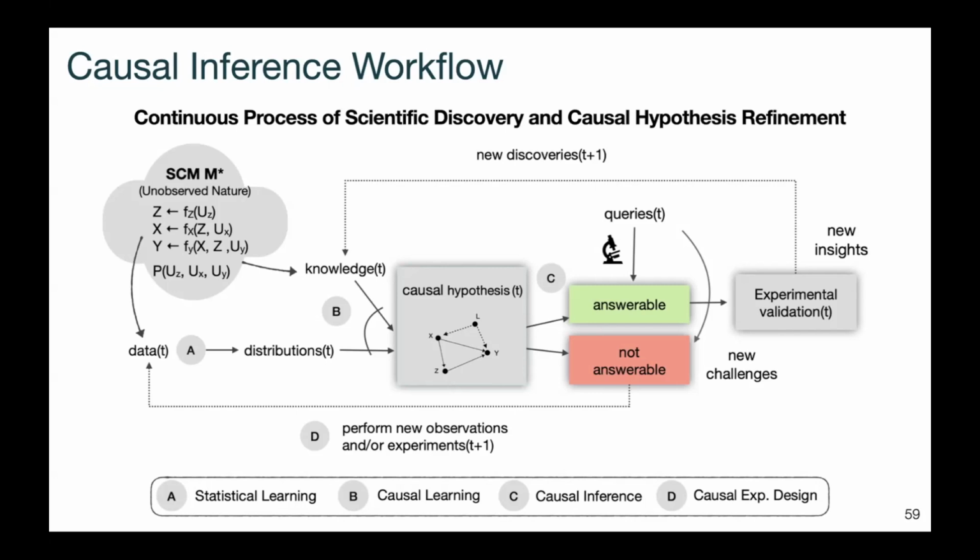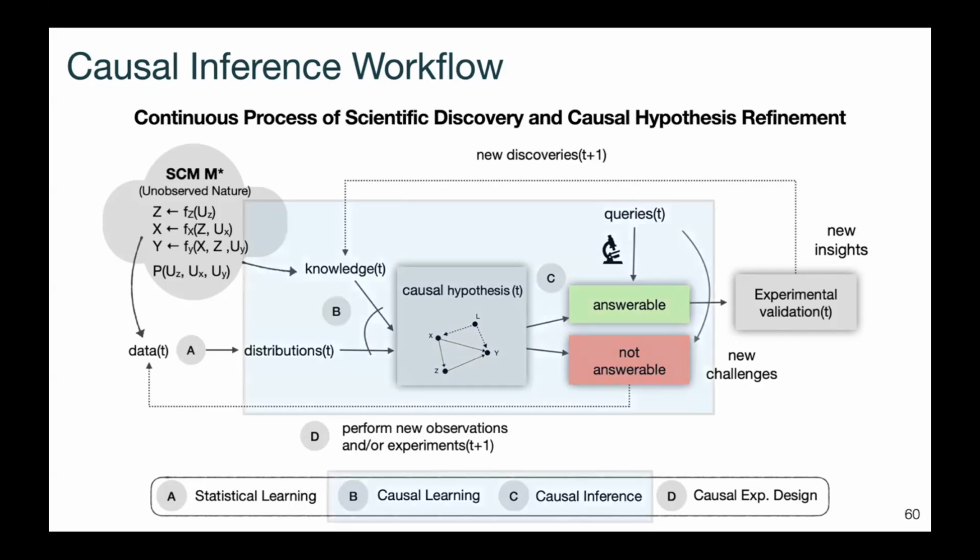Also, once I have an answer, everything here is statistics, so validation is important. And once this becomes a discovery, this has to go back as knowledge. So there is a loop that is trying to mimic the process of scientific discovery.